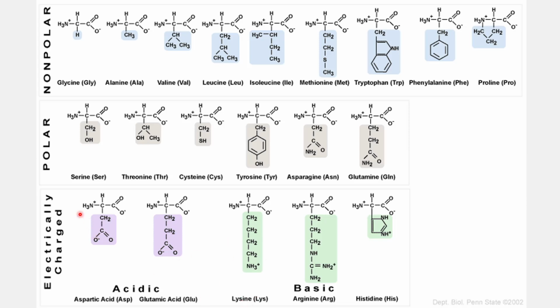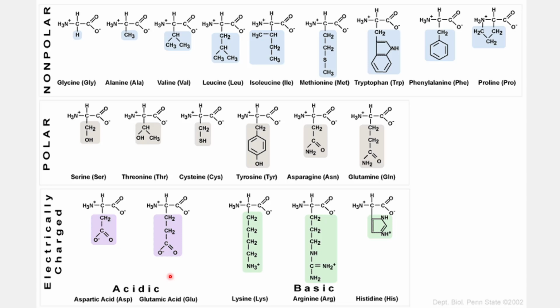They can be categorized into different groups depending upon their chemical character. There are nonpolar amino acids, there are polar amino acids, and then there are electrically charged amino acids. A detailed discussion of the significance of these three different groups is beyond the scope of this class.